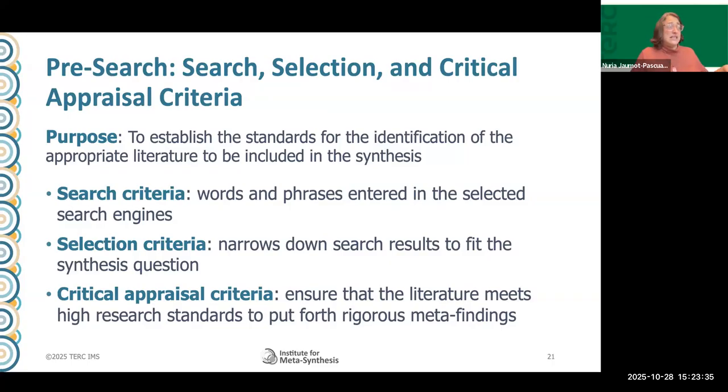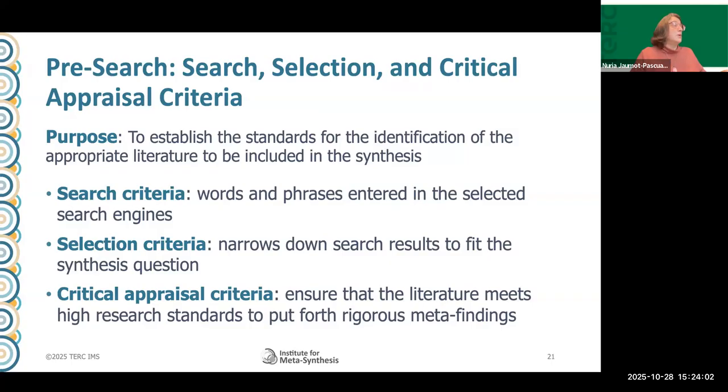The search criteria are basically the words and dates that you're going to include in your search engines. So it will have to be words and phrases that have to do with your synthesis topic and the years of publication. The selection criteria narrows down the search results to fit the synthesis question.